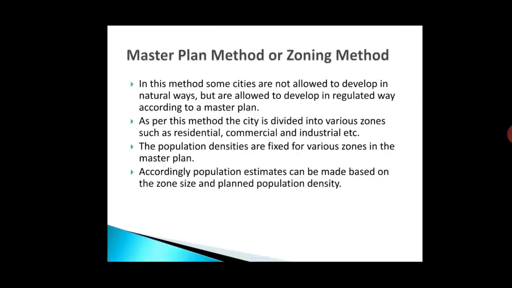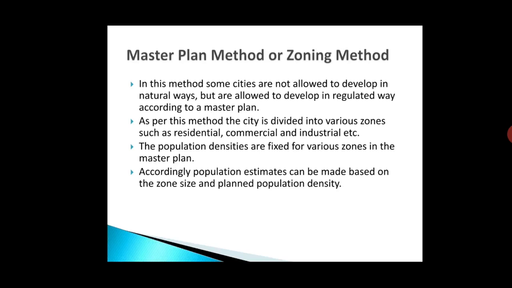Then next, let us move to the master plan method or zoning method. In this method, generally the big and metropolitan cities are not allowed to develop in a haphazard manner. The expansion of such cities is regulated by various bylaws of the corporation and other local bodies, and only those expansions are allowed which are permitted or proposed in the master plan of that city.